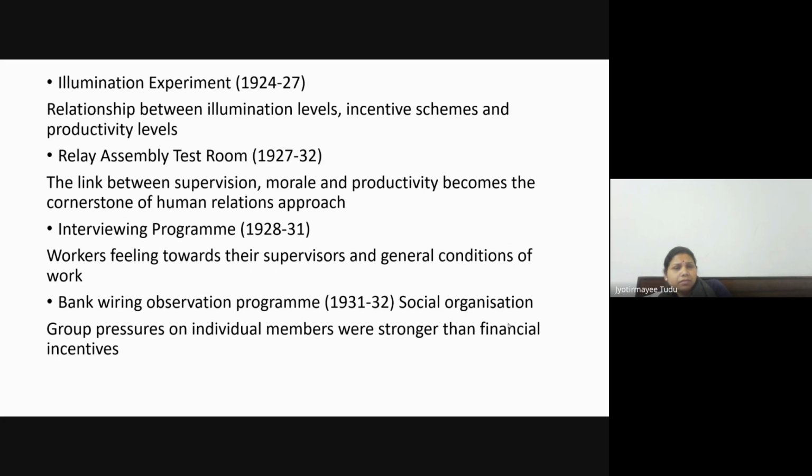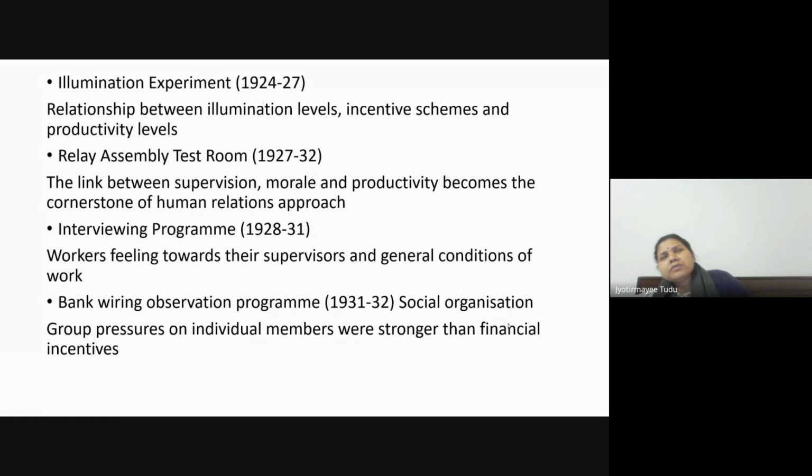After experimenting, they observed that there is no necessary connection between the illumination levels, incentive schemes, and productivity levels. Then they tried to find out how that could be.